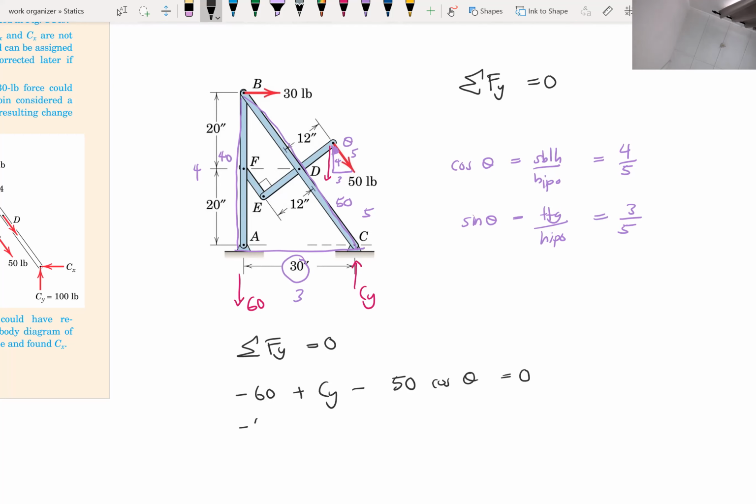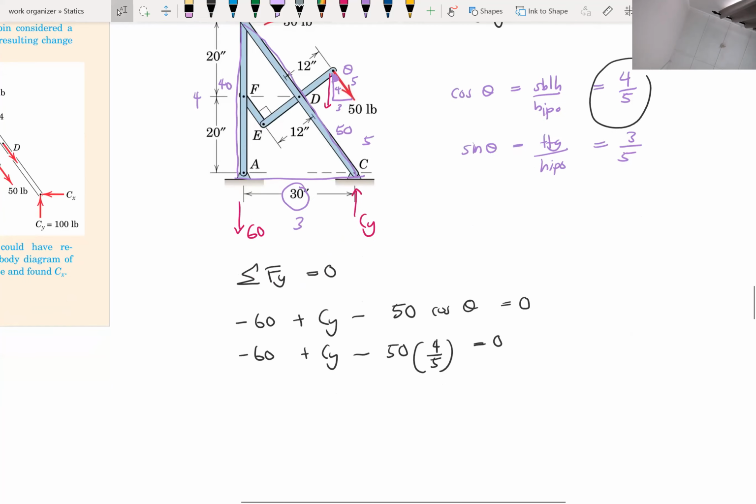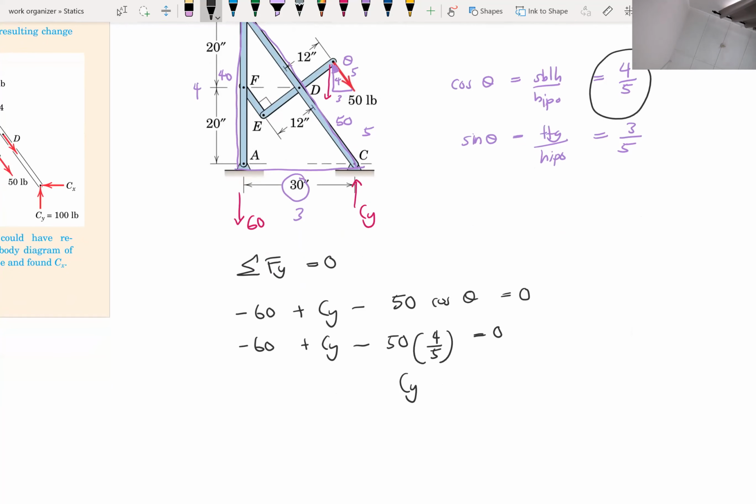So negative 60 plus Cy minus 50 times 4 over 5 equal to 0. Then we get Cy equal to 100.